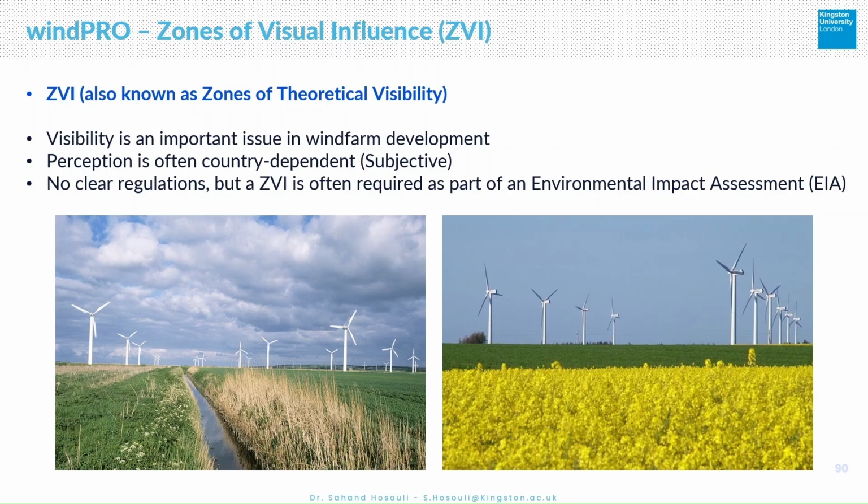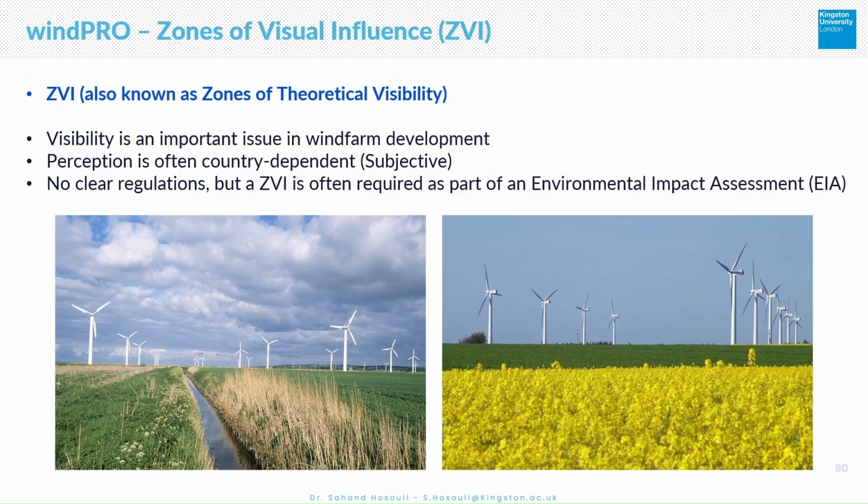So ZVI, Zone of Visual Influence, also known as Zone of Theoretical Visibility, is basically about assessing, calculating, and documenting the visual impact of wind turbine generators. Generally, visibility is an important issue in wind farm developments, but the only point here is that it's subjective.